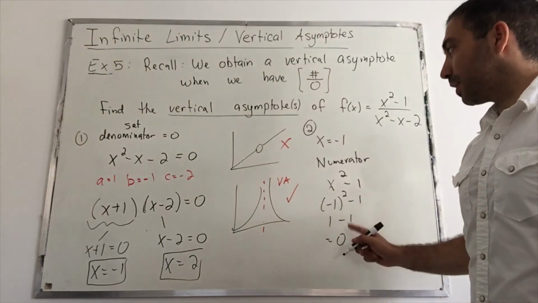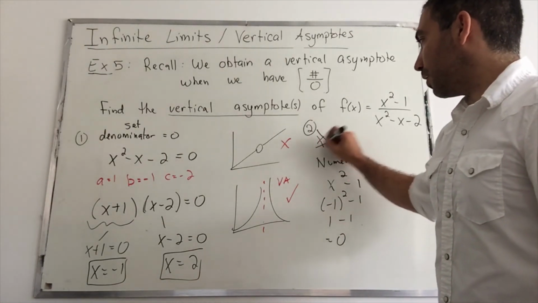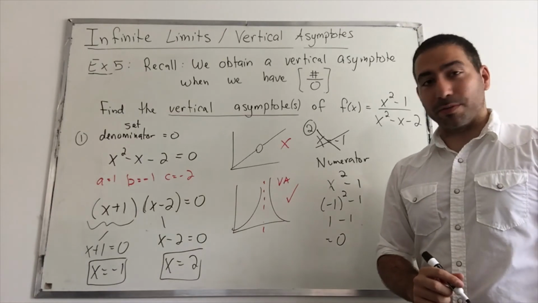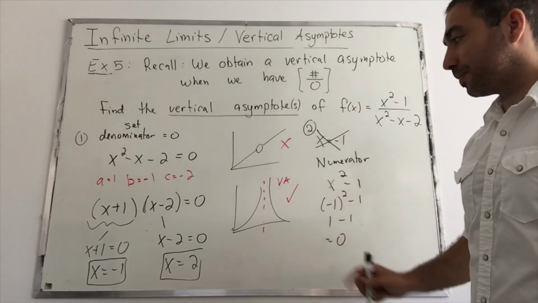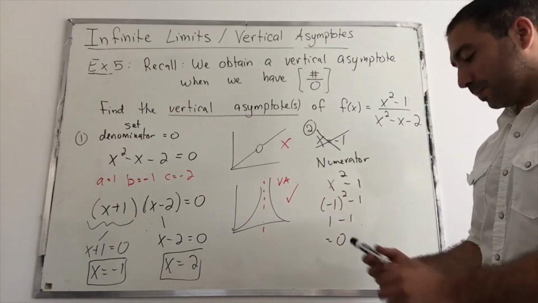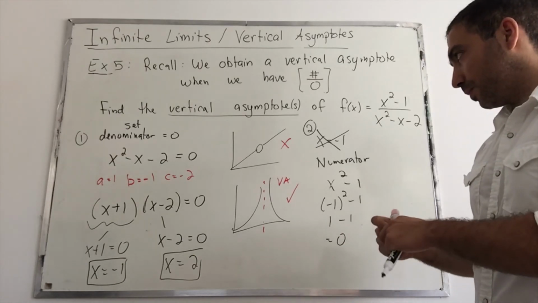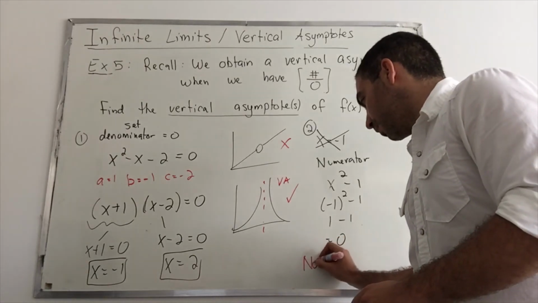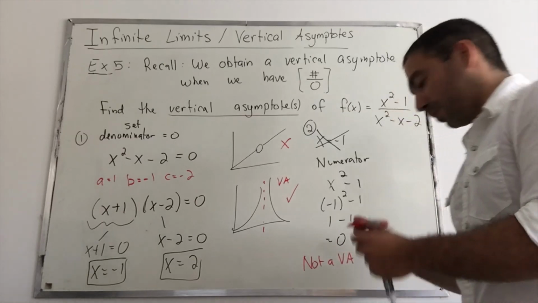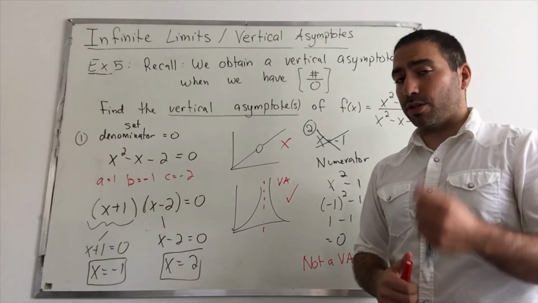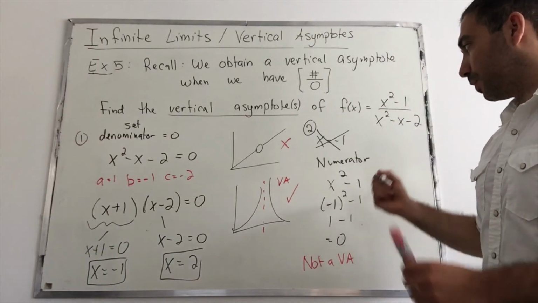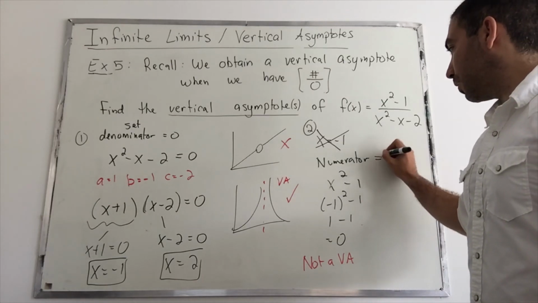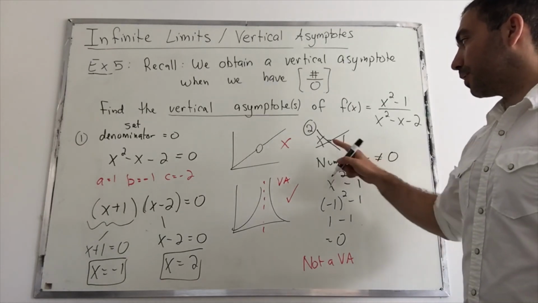So this tells us that x equals negative 1 is not a vertical asymptote. We have to ensure that the numerator cannot equal 0. That's your step 2.